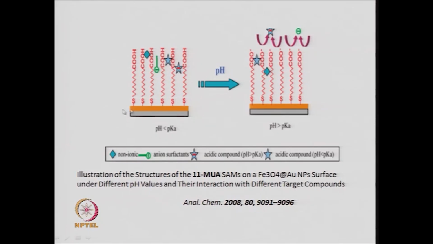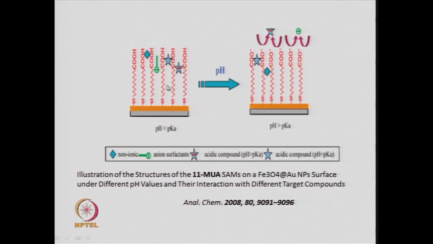The application is this, that at certain pH, which is suppose less than pKa, you will have all the protons, they are not deprotonated, it is an acid with the OH group, and at a pH which is larger than the pKa value, you will get these anions because the protons have been lost.